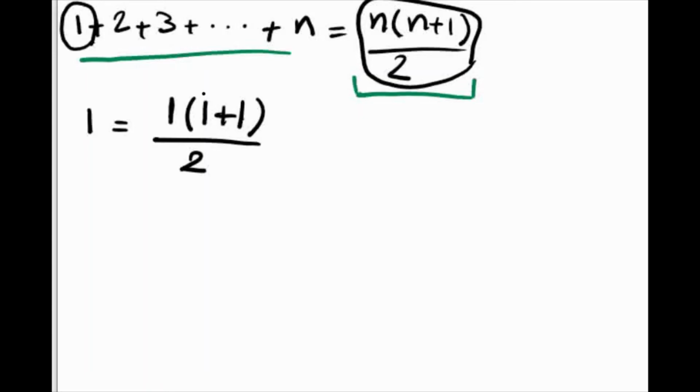So 1 plus 1 is 2, and the 2s cancel out. From here we understand that 1 is equal to 1. So the first step is correct, our formula works for our first step. Now let's look at the second step.